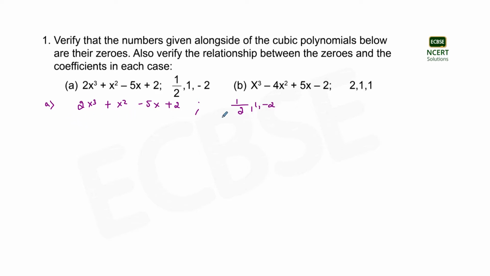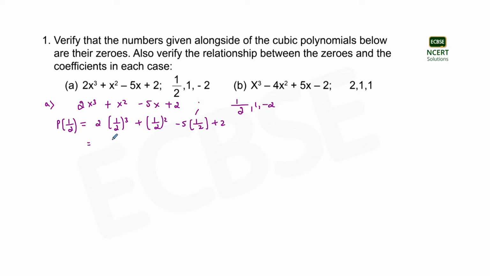Now let us start with the number 1 by 2. Putting the value 1 by 2 in place of x in the polynomial, we will write the polynomial as 2 into (1 by 2) cube plus (1 by 2) square minus 5 into 1 by 2 plus 2.